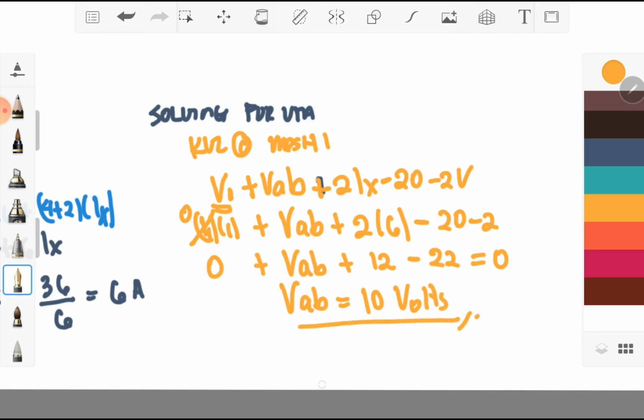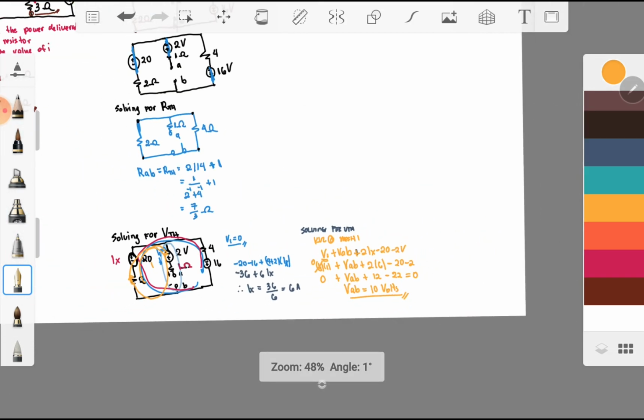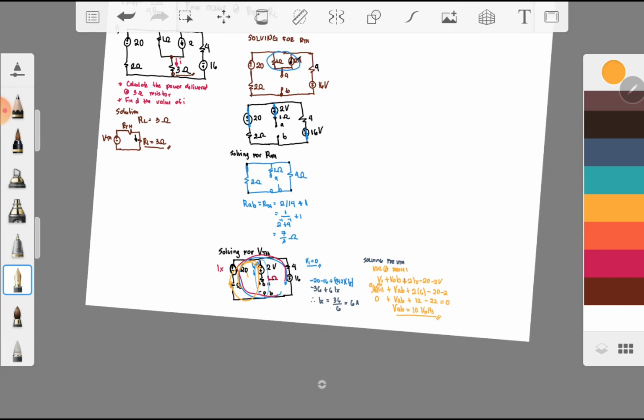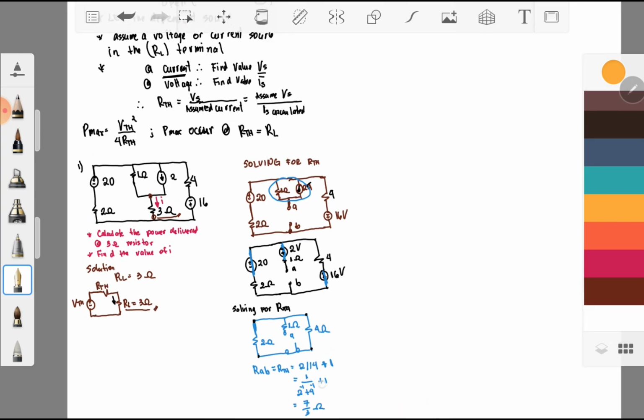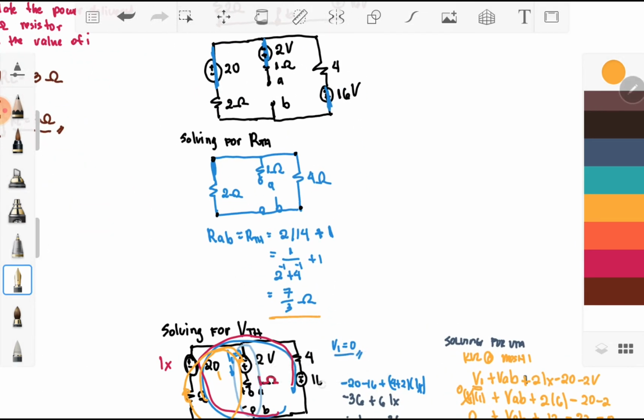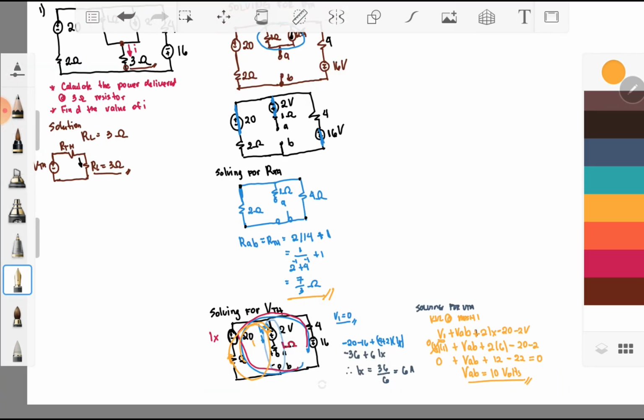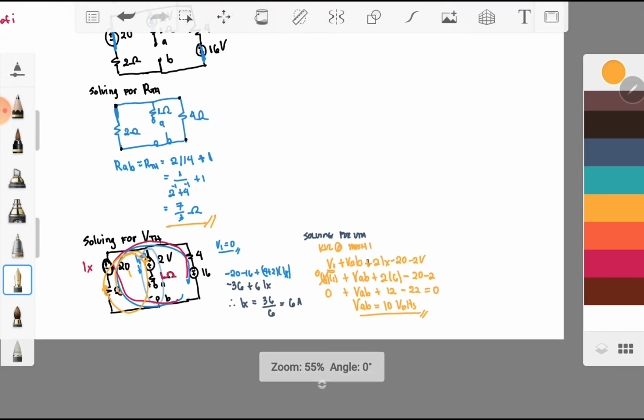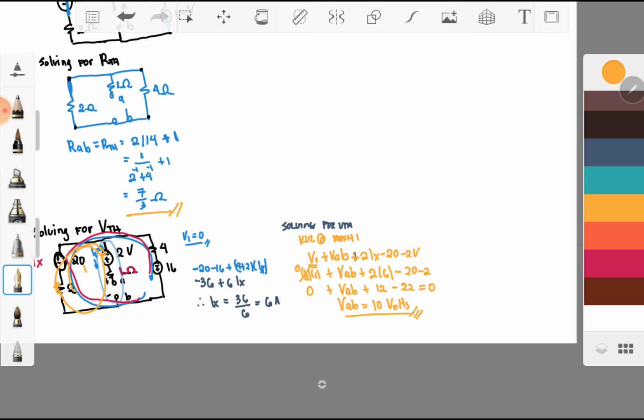This is our VAB. So upon solving your VAB, we'll substitute the values of your RTH, which is 7/3, and the value of your VAB, which is 10 volts. Okay?